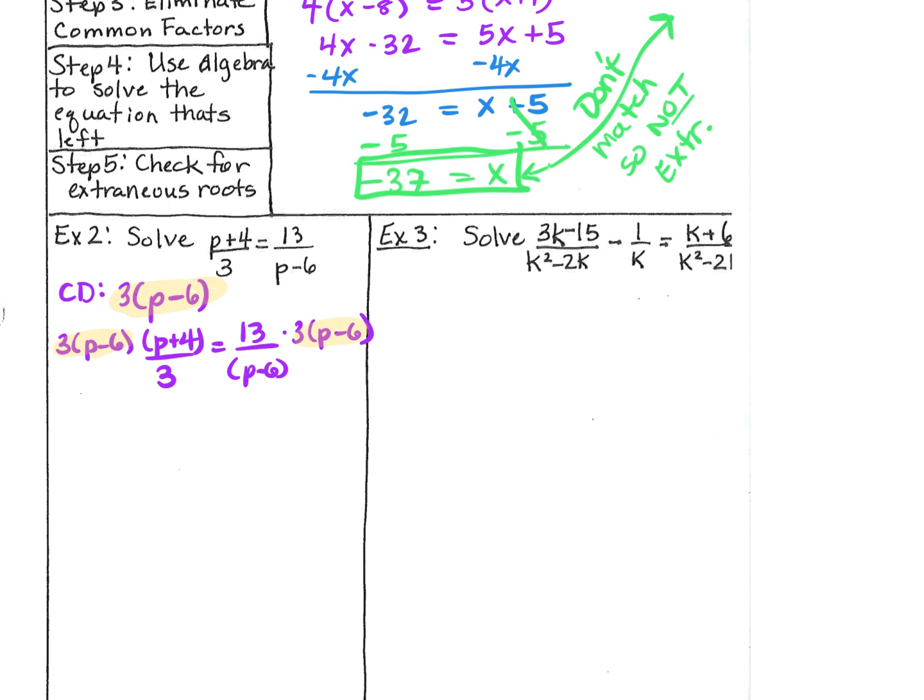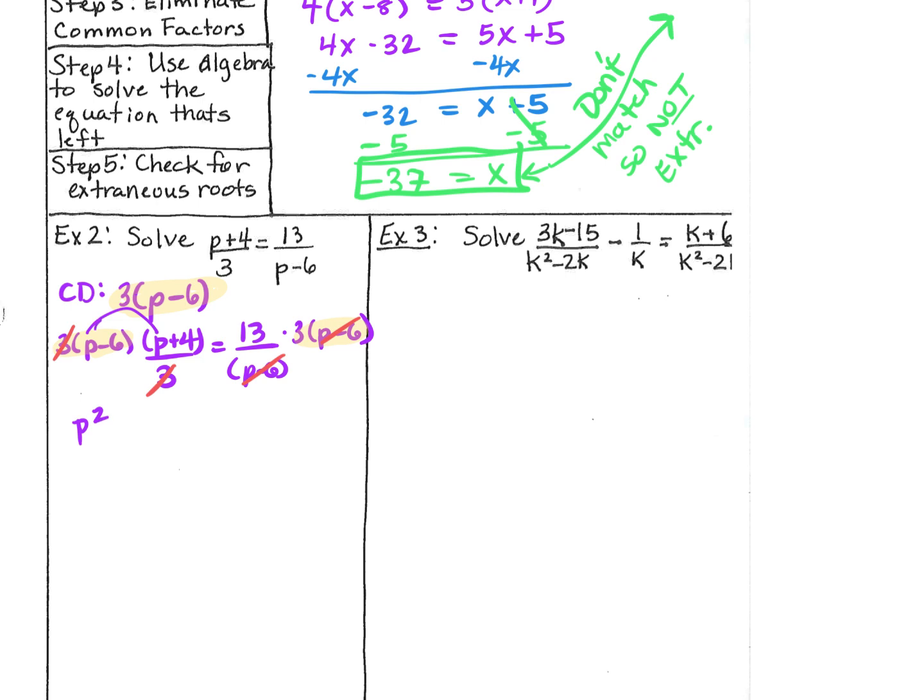So what goes away? 3 there, and okay. So now all we have to do is distribute out. We've got p minus 6 times p plus 4. That we have to multiply out, don't we? FOIL it. So what do we get?